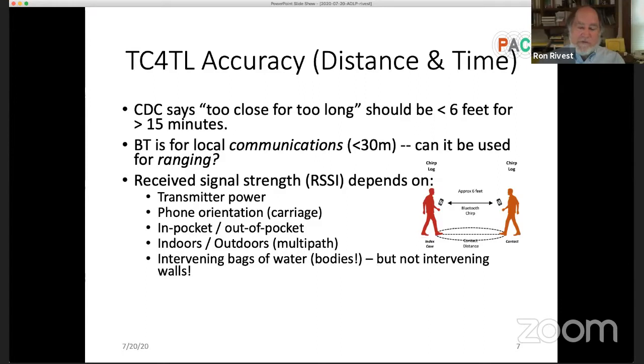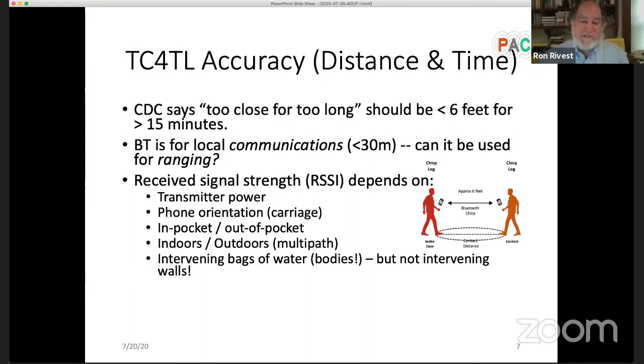It depends on which way the phone is oriented, so holding it one way versus another can have a great impact on the strength of the received signal. Whether it's in your pocket or not can matter. Whether it's indoors or outdoors: indoors you might have signals bouncing off the ceiling and so on, so the strength is stronger. Outdoors it's less strong. Maybe the phones can tell whether they're indoors or outdoors, and we should factor that into the computation. Those are questions that are being considered.